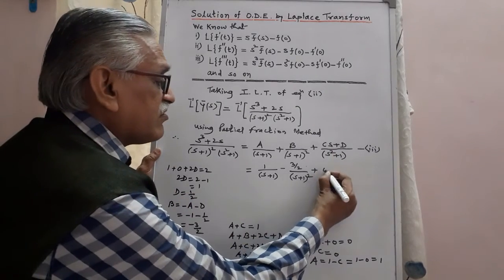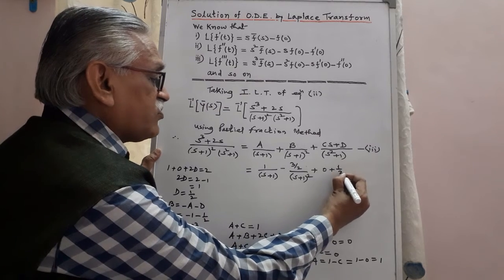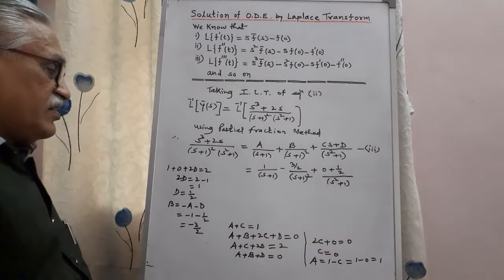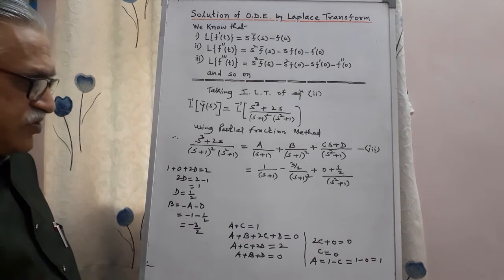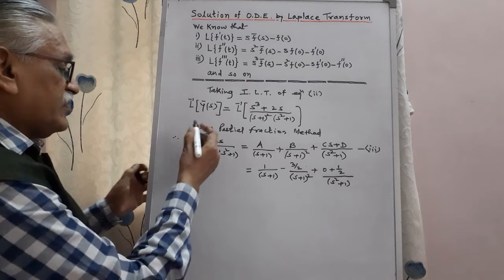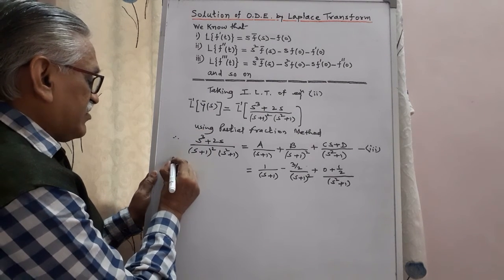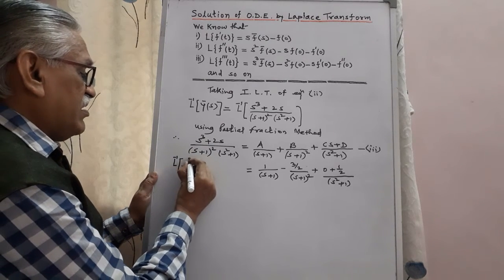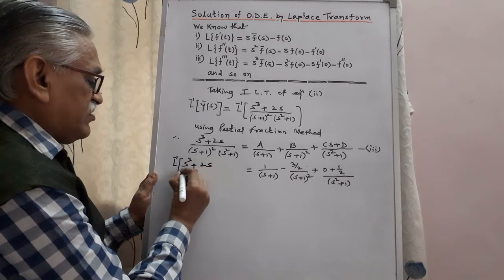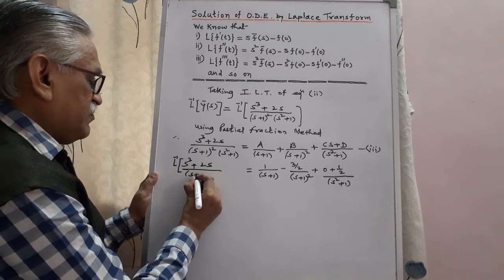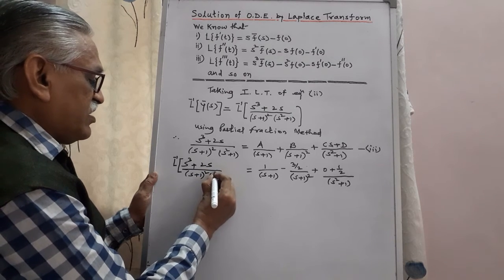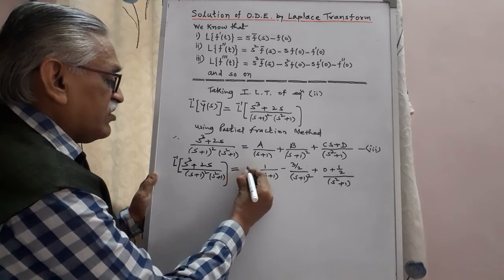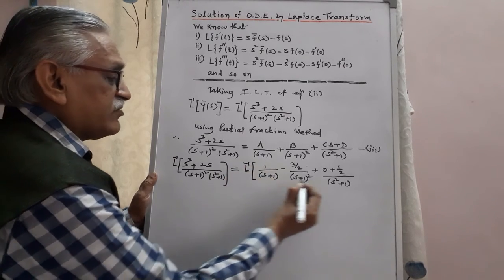Plus d, d is 1 by 2, divided by s square plus 1. And then taking inverse on both sides. And therefore, inverse of left hand side s cube plus 2s divided by s plus 1 bracket square into s square plus 1, and it is equals to inverse Laplace of right hand side term.